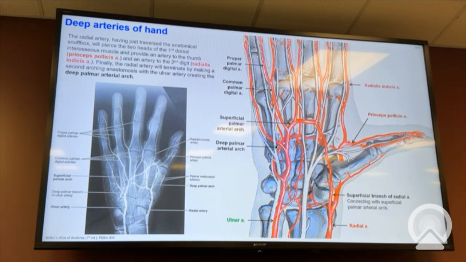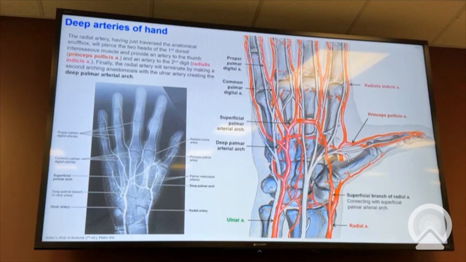And the radial artery will actually terminate by giving off a dedicated vessel for your thumb. It's called princeps pollicis, and one for the lateral side of your second digit. And you can see that part of it just continues on to make one continuous loop with the ulnar artery. So at the end of the day, ulnar and radial making two loop connections, a superficial palmar arterial arch and then a deep palmar arterial arch.